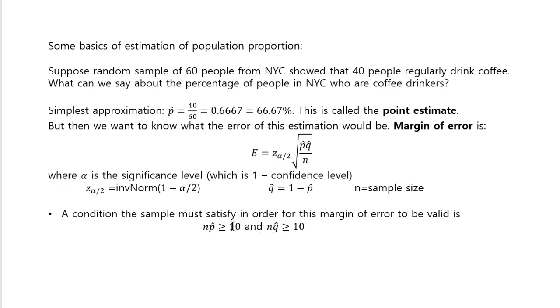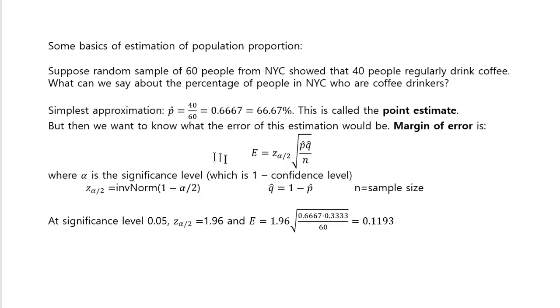Some books say you can have at least 5. That's still possible, but I think 10 would be the safest case. Okay, if you have N P hat greater than or equal to 10 and N Q hat greater than or equal to 10, then this approximation is valid. All right, so back to what we were doing.